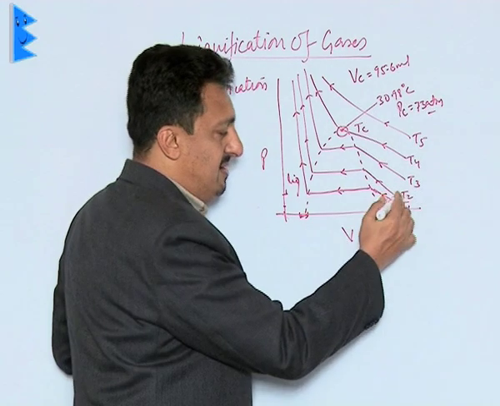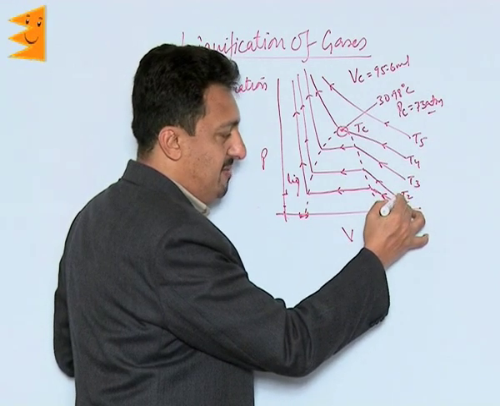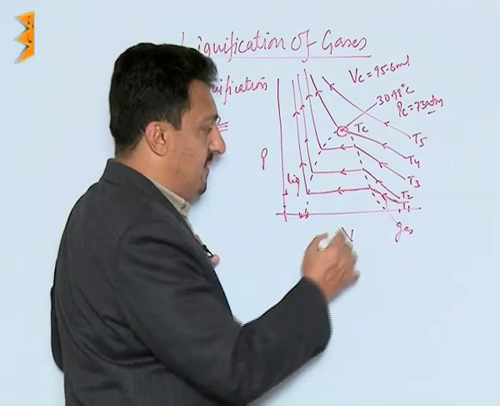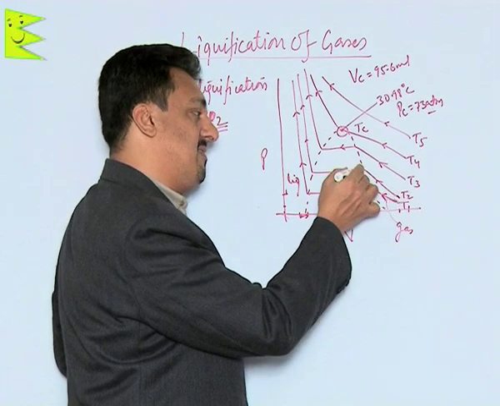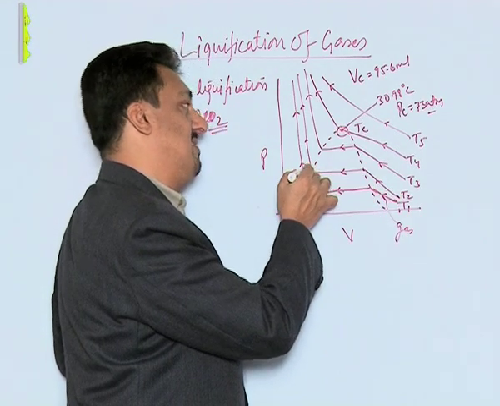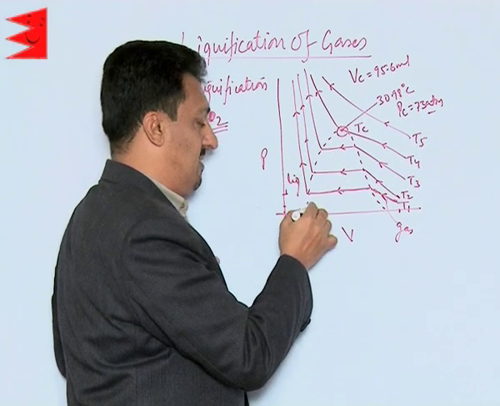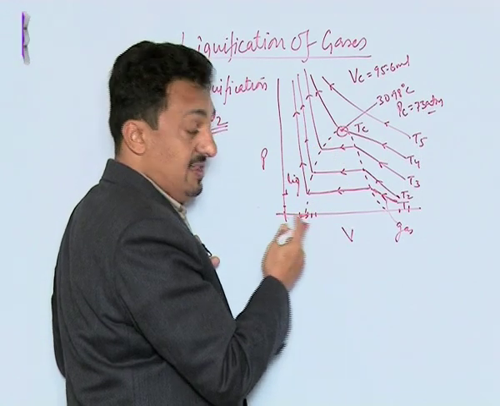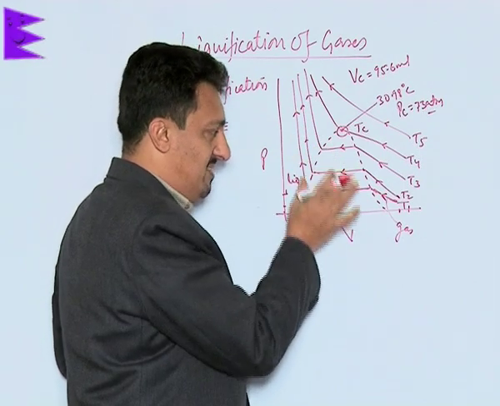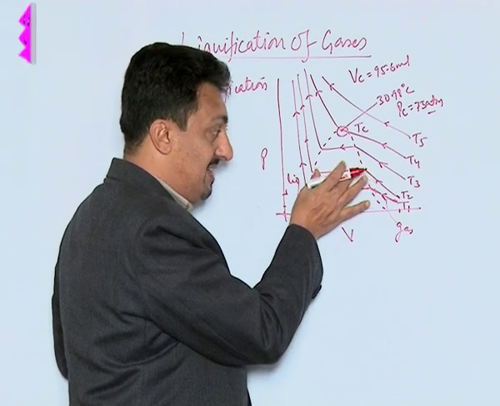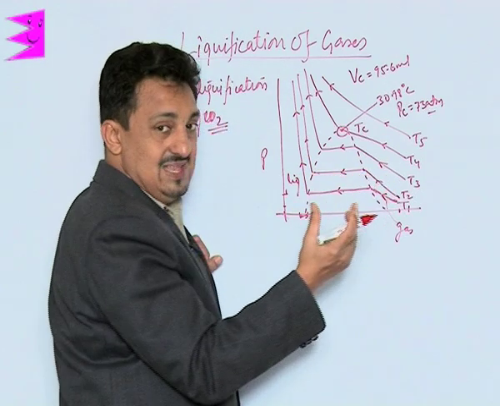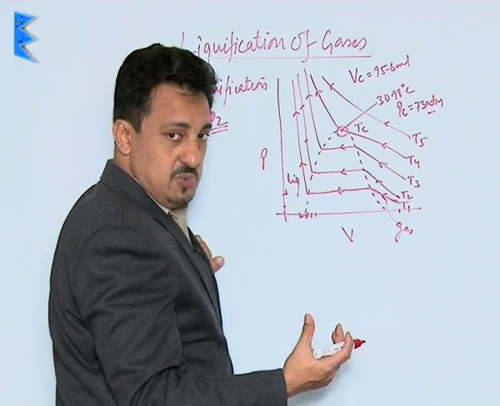Now the same experiment is repeated at a slightly higher temperature T2. We get the same decrease in volume, then a horizontal line, then an increase in pressure, but the volume doesn't decrease much. But the length of this horizontal line gets smaller than the earlier one at the lower temperature.